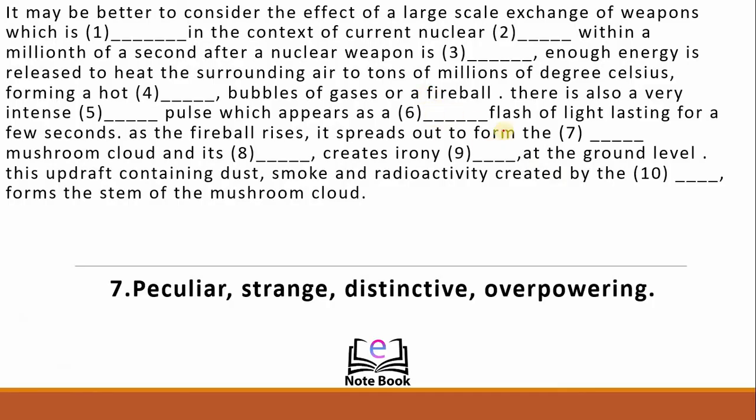Now reading further, streaking flash of light lasting for a few seconds. As the fireball rises, it spreads out to form the dash mushroom cloud. Here, as something is spreading out, I know it's not peculiar, it is not strange, it is not distinctive, it has to be overpowering because it is spreading quickly. So it is intense and strong and overwhelming.